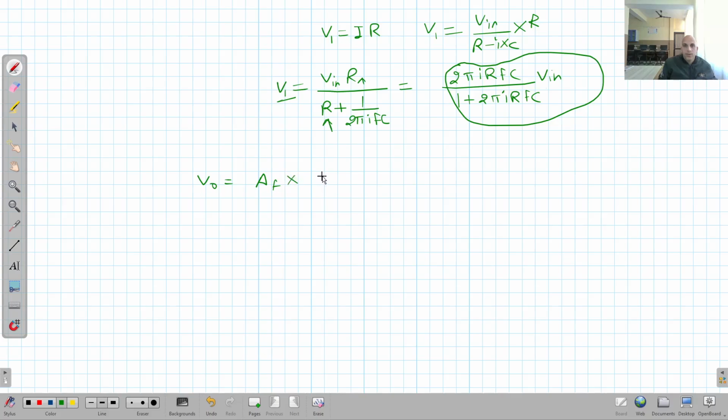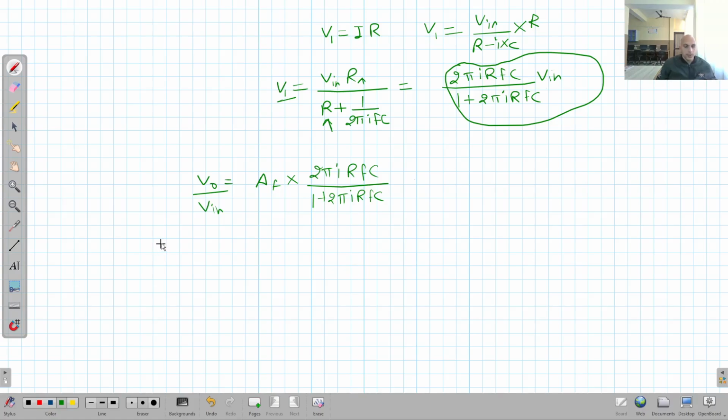V1 means 2 pi j RfC divided by 1 plus 2 pi j RfC into V_in. Clear? So I can take that V_in toward this side, so it will become divided by V_in. So I can erase it from here, right? So now this is the more simplified form.